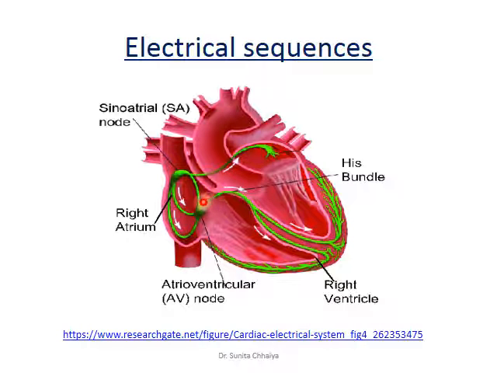From the AV node, the impulse passes on to the bundle of His and then through the Purkinje fibers for both the right as well as the left side and stimulates the ventricles, and that stimulation of the ventricles initiates the contraction of the heart.